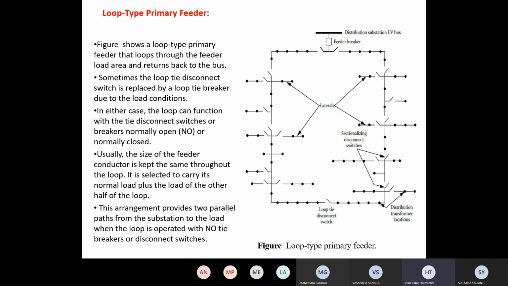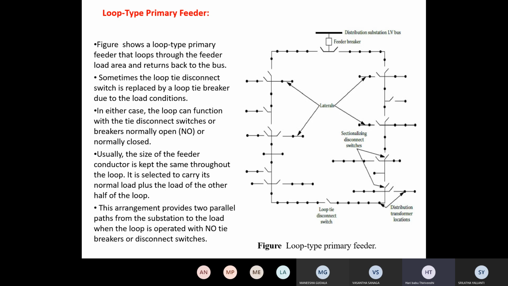All the radial systems may suffer some loss of continuity of power supply, but compared to all the radial type primary feeders, the loop type primary feeder is the best one. Look at the figure here. From the distribution substation the feeder starts like this, and it comes back to the same point. That provides a loop.